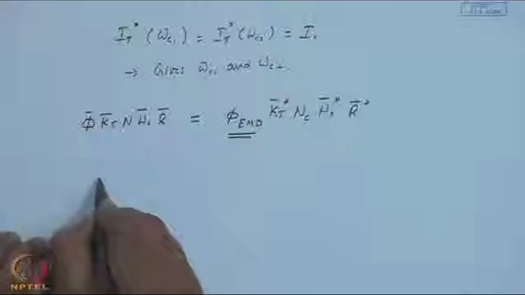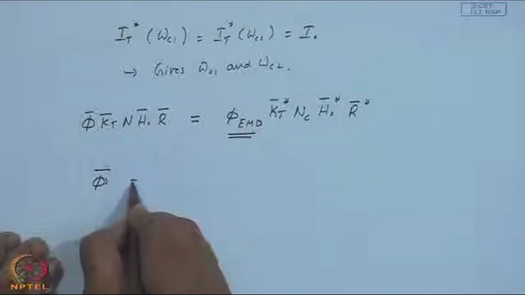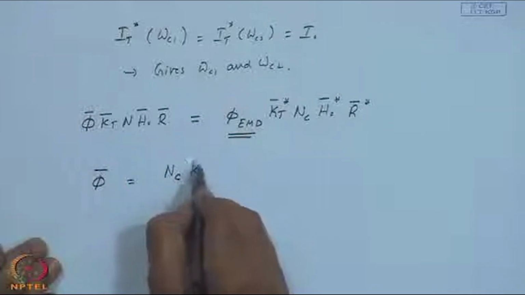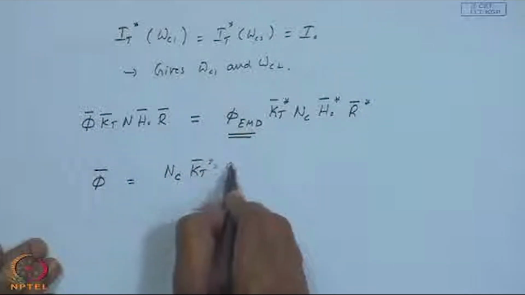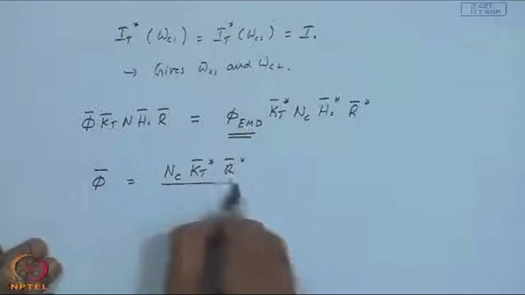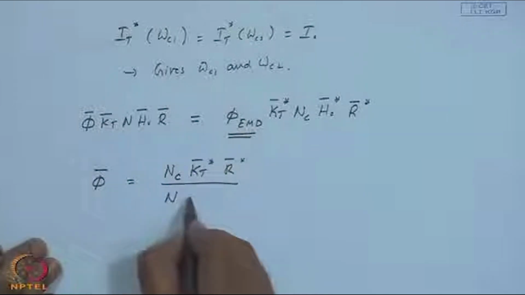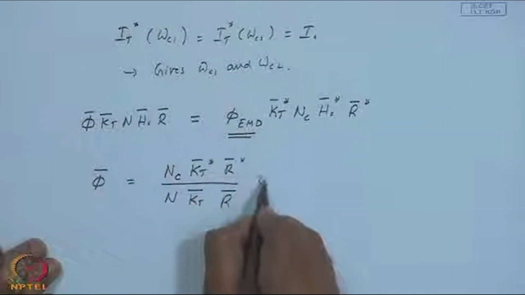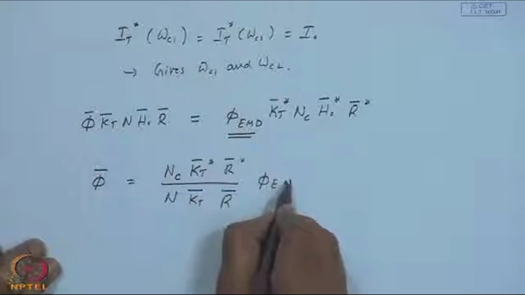So, from this you can solve: phi bar is NC KT bar star R bar star upon N KT bar R bar into phi EMD.